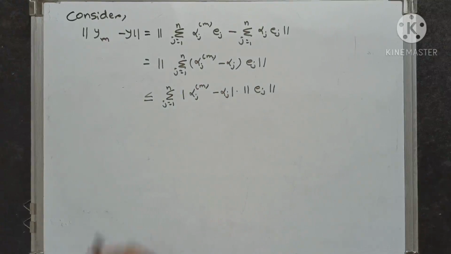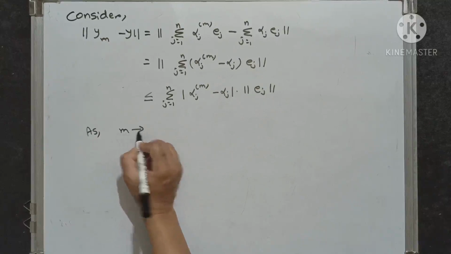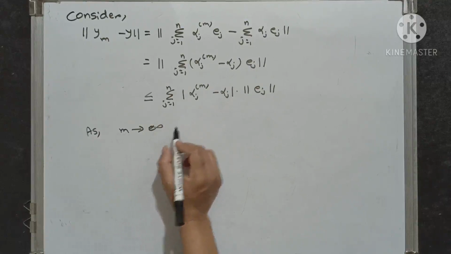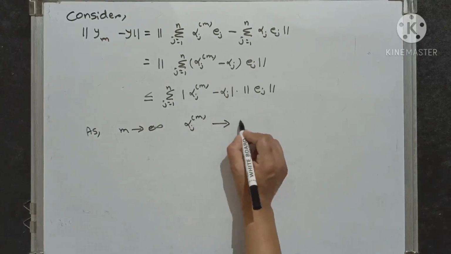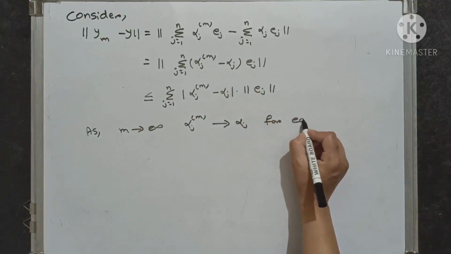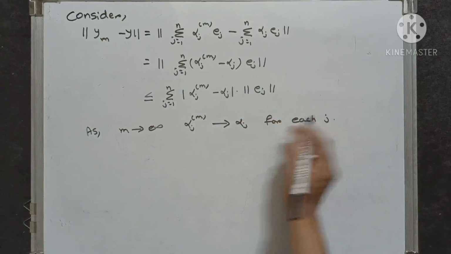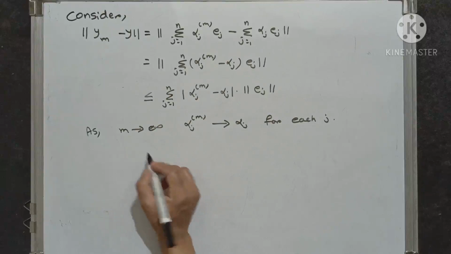Now, as we know, as m goes to infinity, alpha jm goes to alpha j for each j, as we proved.